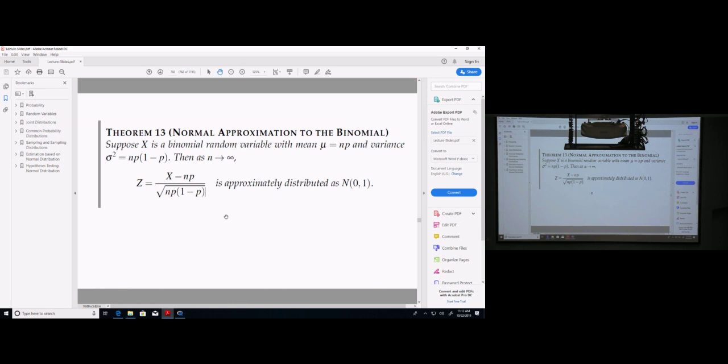But I think there is still value, because I'm asking two parts: give me the exact probability as well as the normal approximation, to let you have a sense of when the approximation is good or when the approximation may be bad, all right?